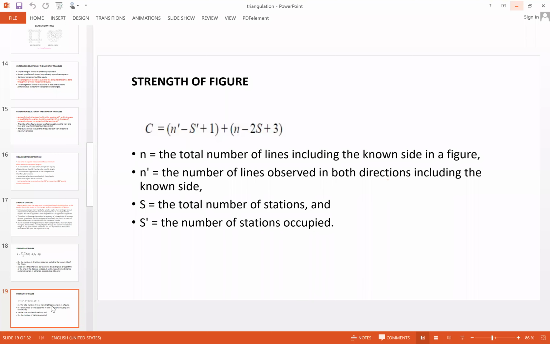So if all the lines in a triangle are observed in both directions, then n dash will be 3. Now S is the total number of stations. Let's suppose in a triangle ABC there are 3 stations, so S will be 3. Now what is S dash? S dash is the number of stations occupied. How many stations you have occupied, A, B, C, however many stations you have occupied, S dash will be that.